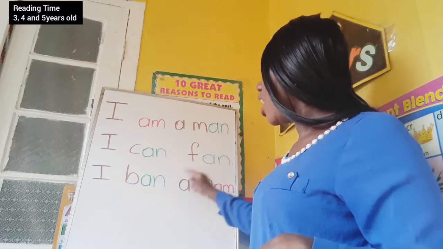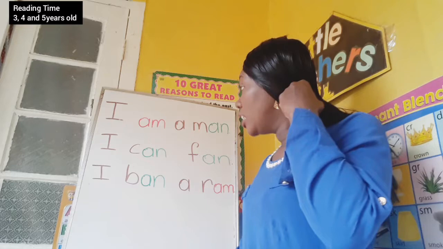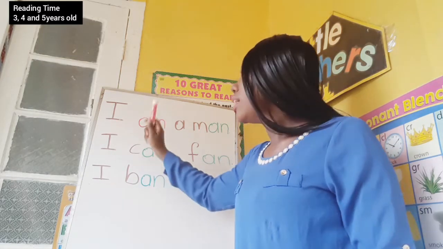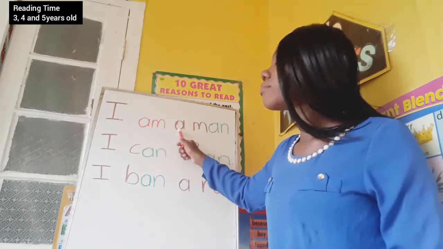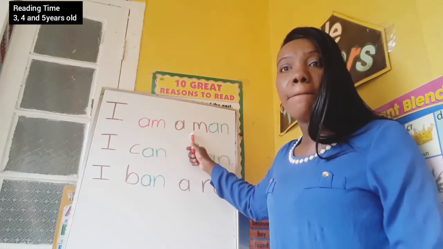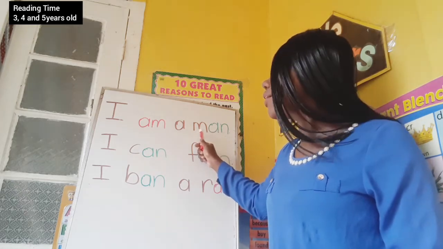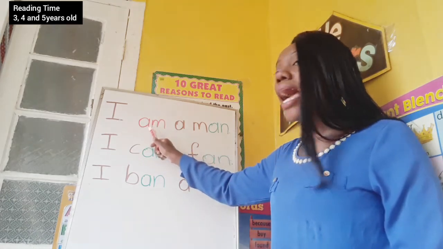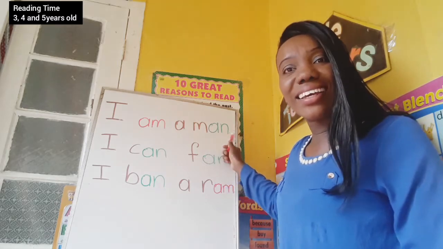The an words. Now let's read. So remember what this is again? I, and this is am, a. Let's sound. A. What's the word? Man. I am a man.